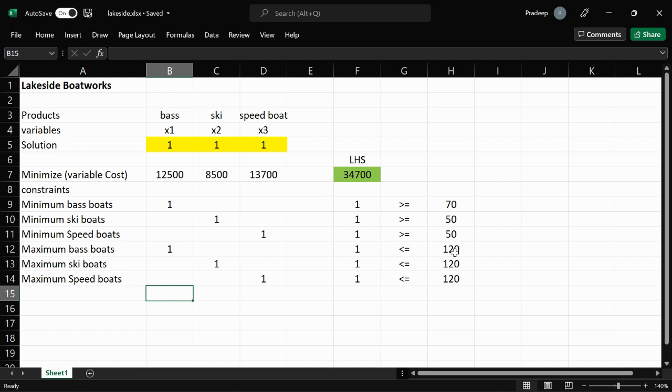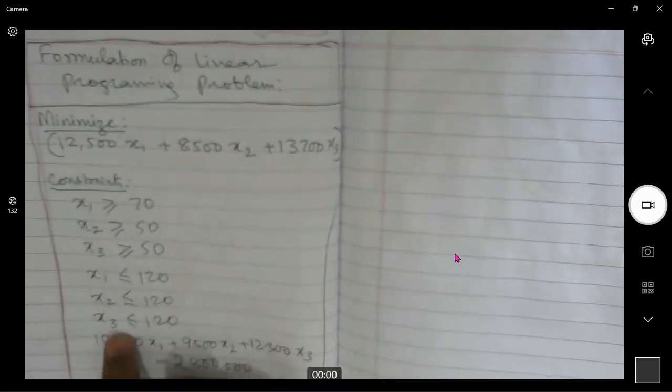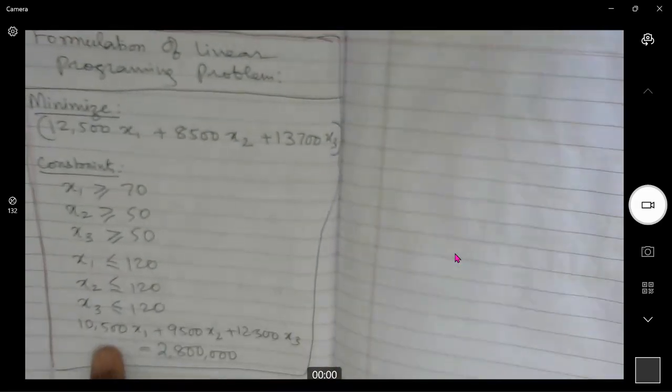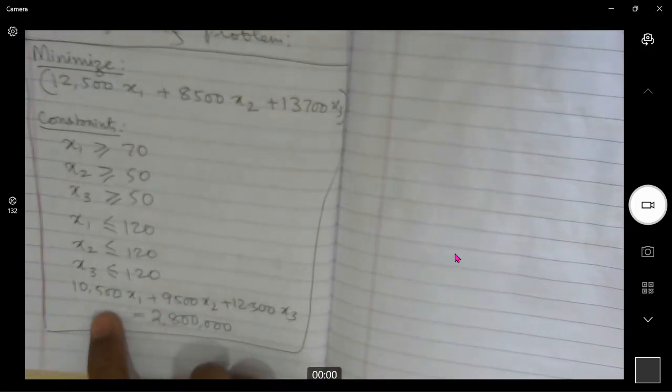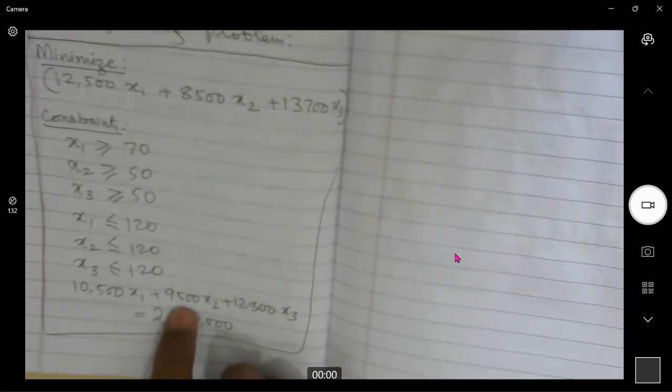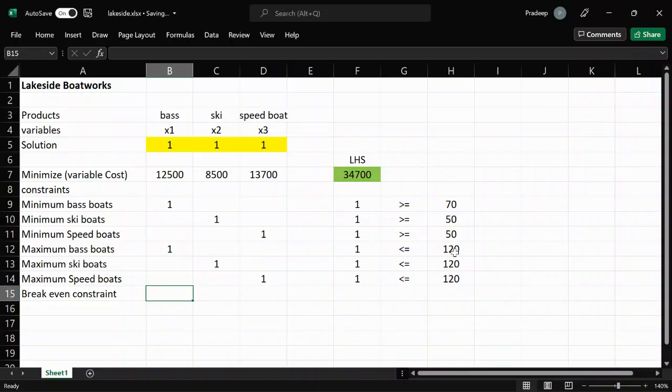And finally, the break even constraint. So what is a break even constraint? Look at the coefficients: 10,500, 9,500, and 12,300.